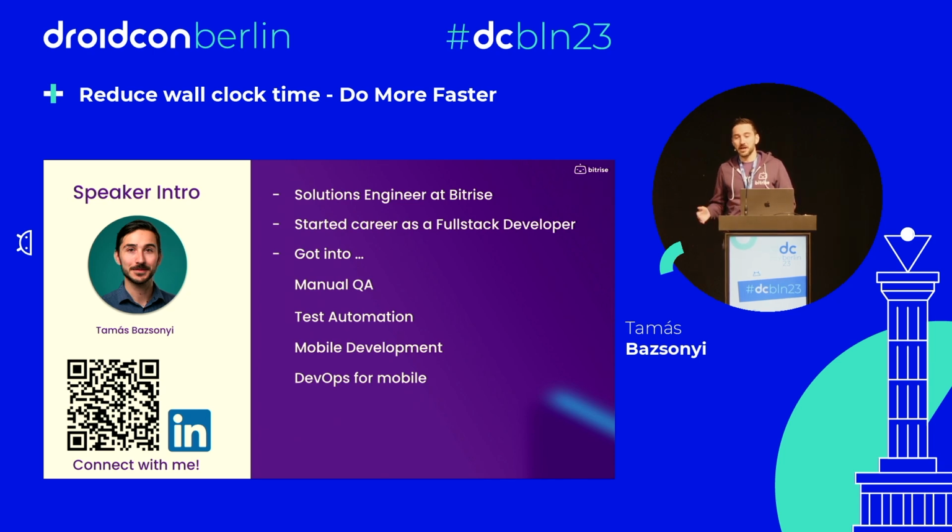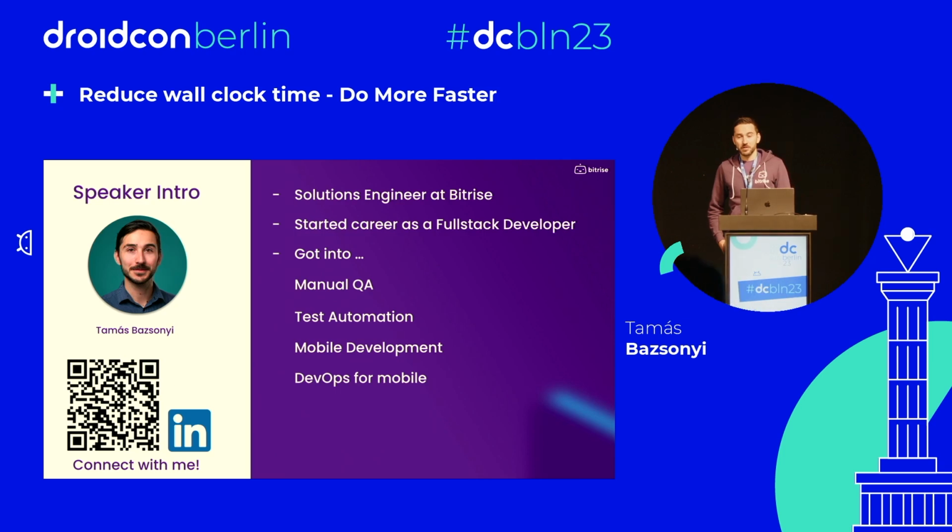And as part of that, I also started to work on mobile development, both for Android and iOS. A bit more than 5 years ago, I joined Bitrise with another career switch, basically. I went from the QA space to the support and joined Bitrise as an L2 support agent.